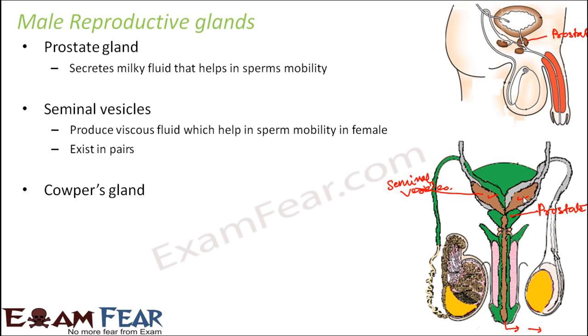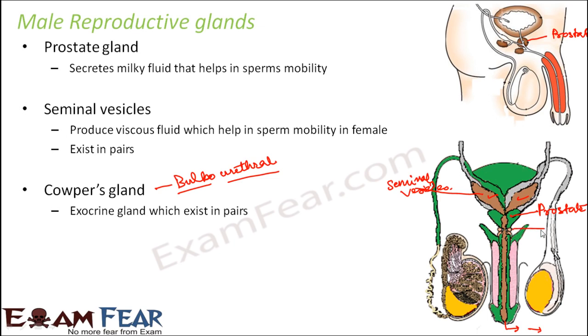And the third gland is the Cowper's gland, which is also known as the bulbourethral gland. Why is it called the bulbourethral gland? Because if you look at it, it is like two small bulbs, and it is present very close to the urethra. That is why it is called bulbourethral. It is an exocrine gland which exists in pairs.